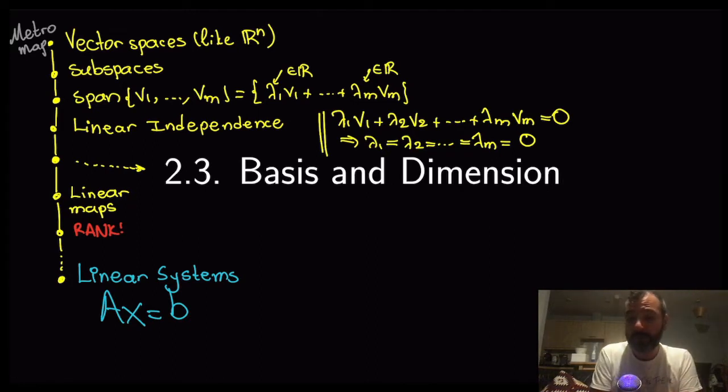The only way for a linear combination to give you 0 is for all of the coefficients to be 0.